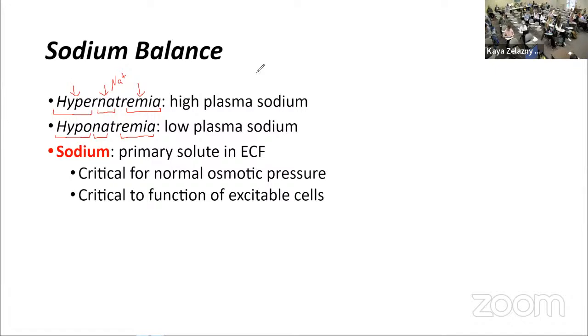So these are things you might measure in a blood test, basically. Now, how much sodium you have in your plasma is important because plasma is an easily sampled form of extracellular fluid. Extracellular because it's outside all your blood cells, right? It's going to have concentrations similar to extracellular fluid surrounding your tissue.